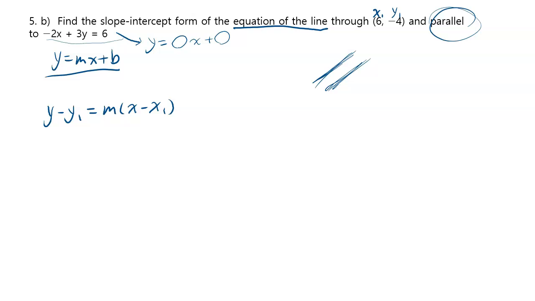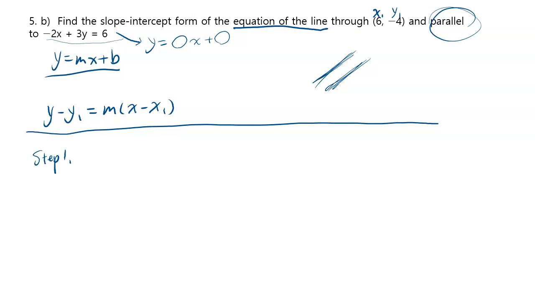Alright, just to make things more clear, let me do it step by step. Step 1: solve negative 2x plus 3y equals 6 for y. That makes it into this format, which will give us the slope-intercept form.